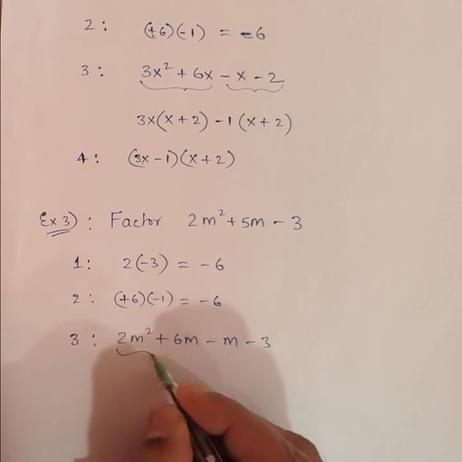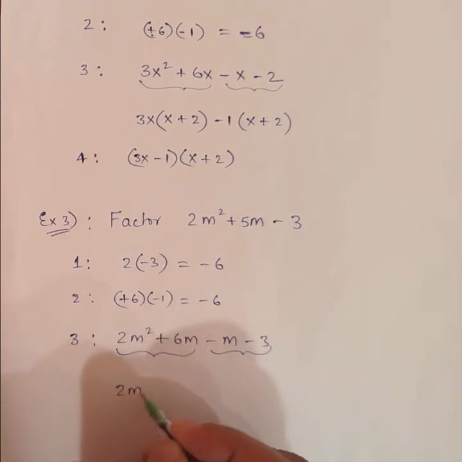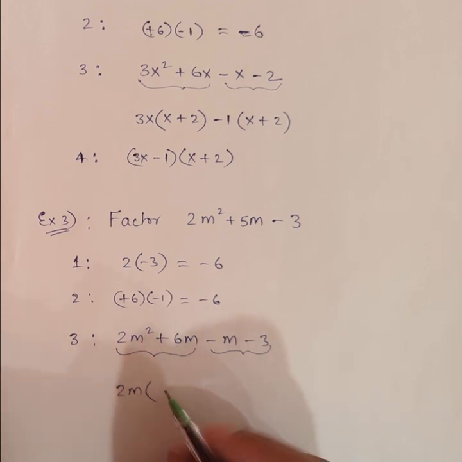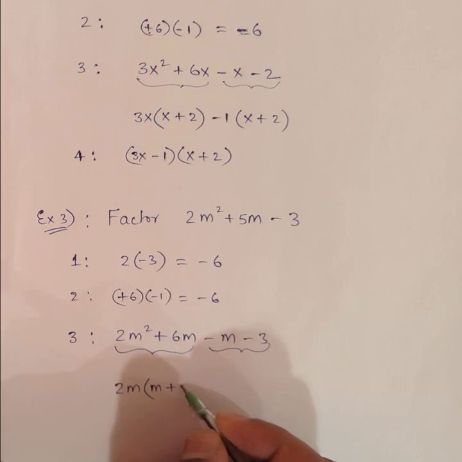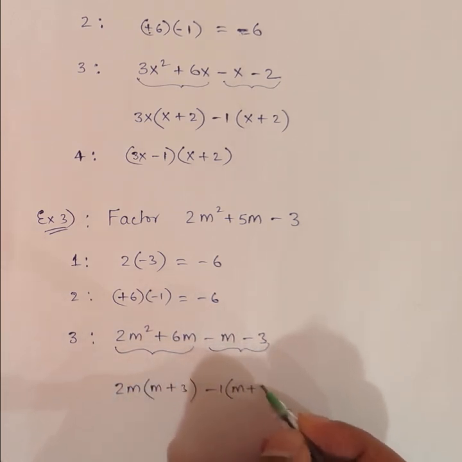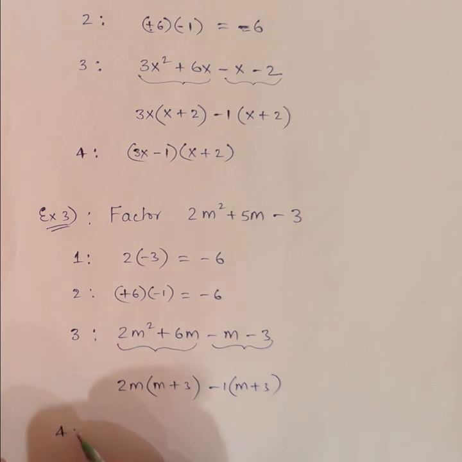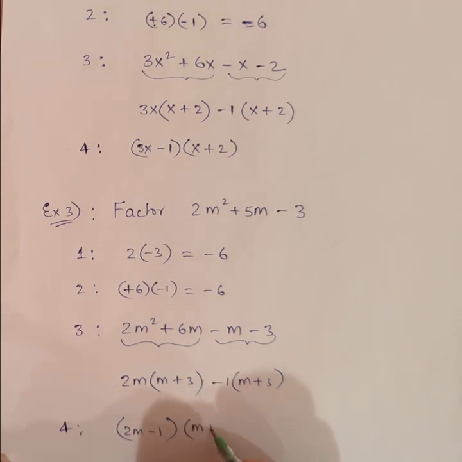And then I want to factor by grouping. So I get 2m for the first group that I can factor. And then it would be m plus 3. And then it's minus 1 times m plus 3 again. And finally, I would have 2m minus 1 and m plus 3.